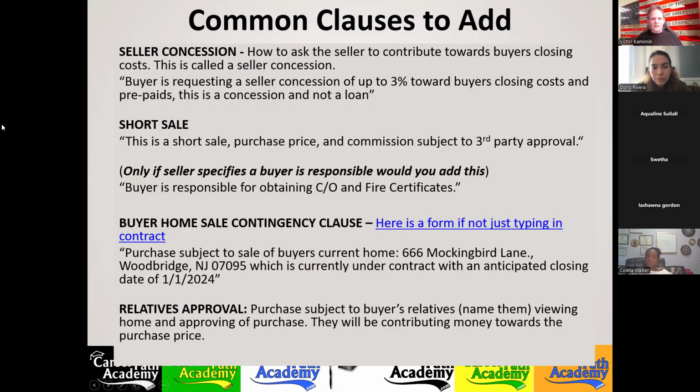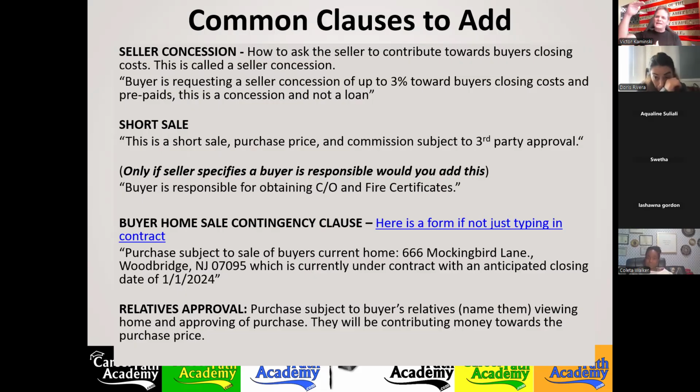If it's a short sale, you can write something simple in the contract like, this is a short sale. Purchase price and commission subject to third-party approval or bank approval or lender approval, right? Me, on mine, I have like a page-long, it's been a while since I did a short sale, but I had a legal-size piece of paper with all kinds of conditions and disclosures for all kinds of situations I came across, because I did a lot of short sales and I came across a lot of nonsense.